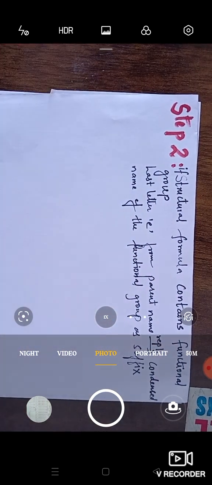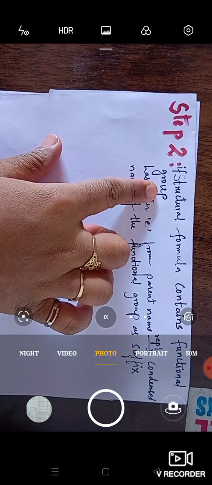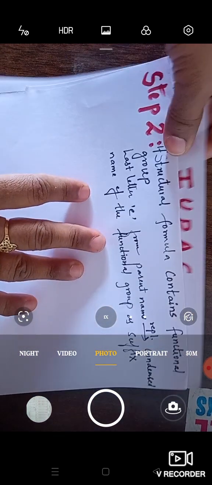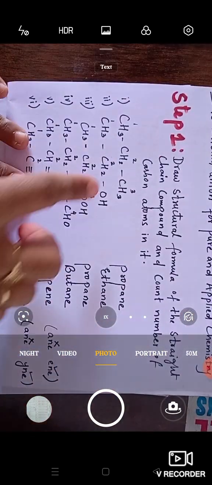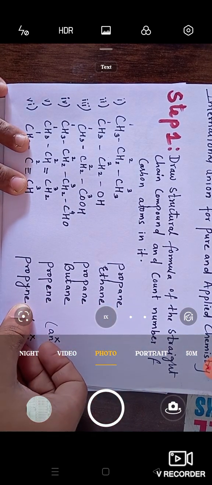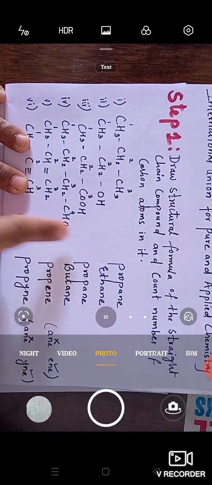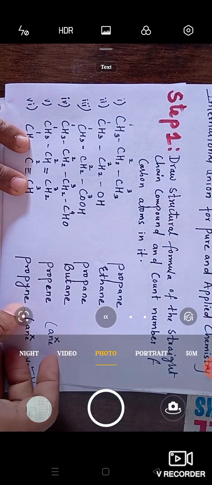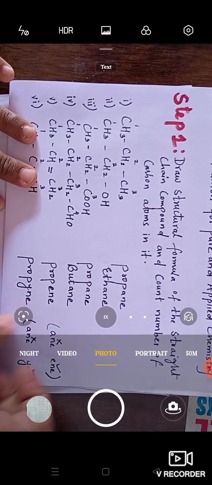We will discuss this functional group in detail now. If the structural formula contains a functional group, then the parent name, if you look at step 1, all the parent names have "e" at the end: ethane, propane, butane, propene, propyne. All the parent names have "e" at the end.